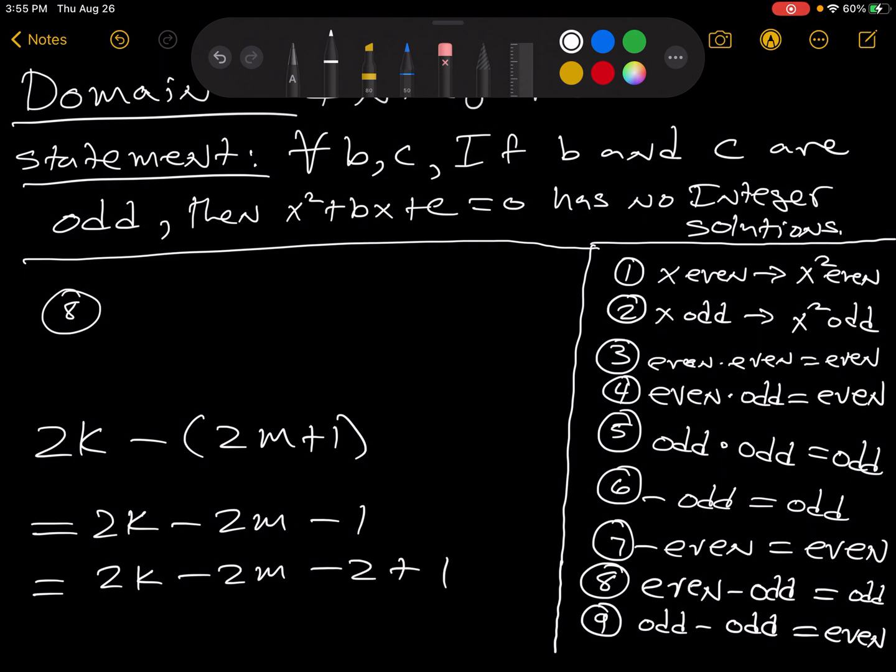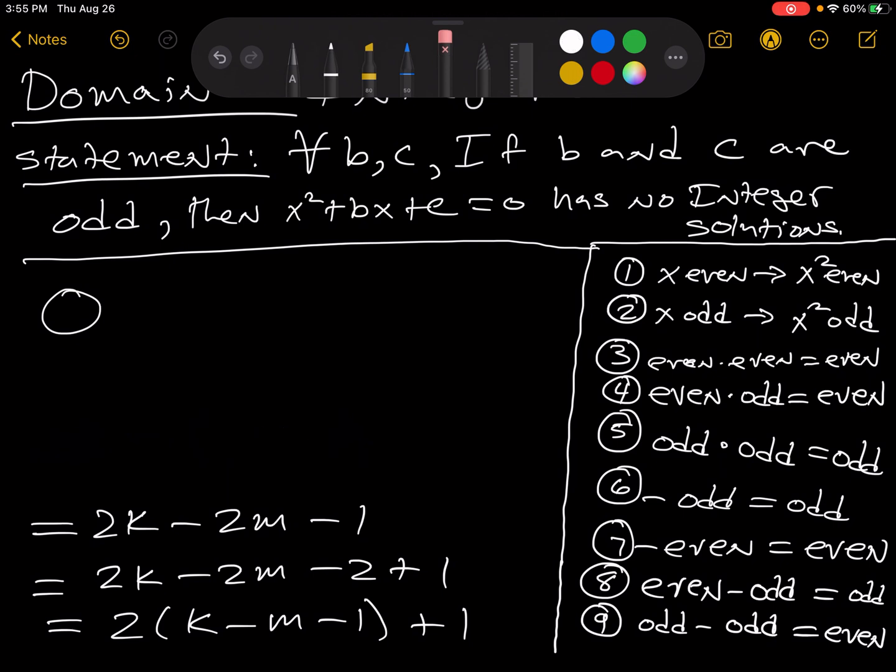Remember, negative 1 is negative 2 plus 1. This is 2 times (k minus m minus 1) plus 1. All right, so an even take away an odd is again an odd. All right, and lastly, number 9, an odd minus an odd is an even.